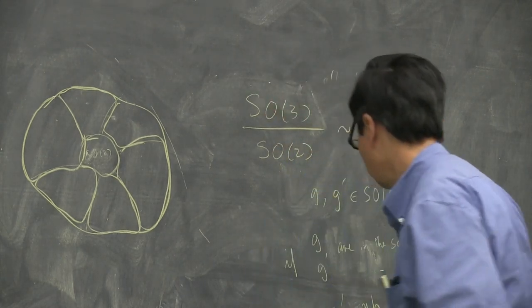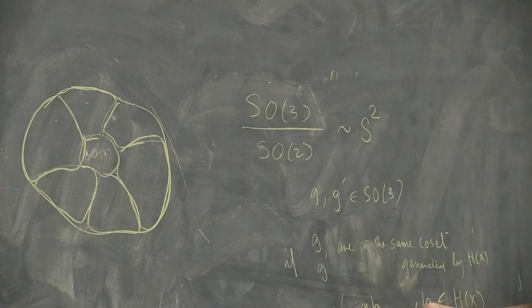This is the meaning of the left coset. Two things are in the same left coset when they are related in this manner.